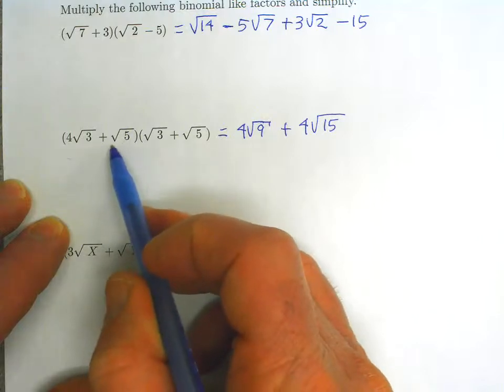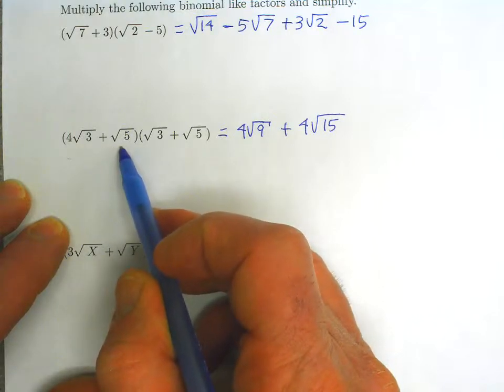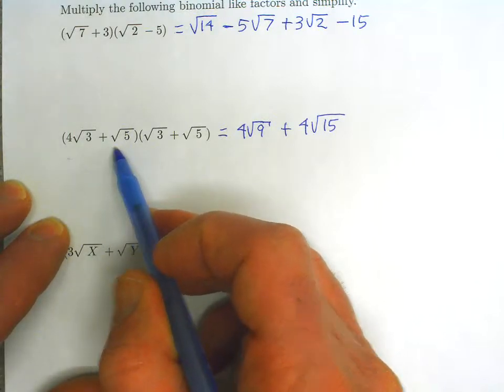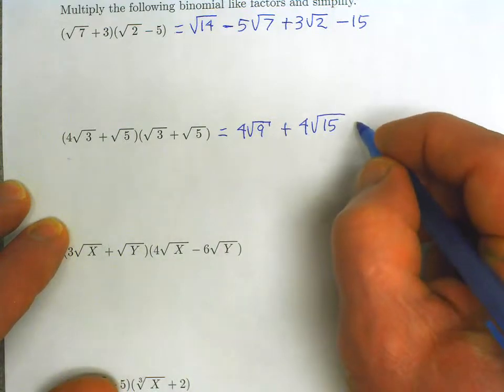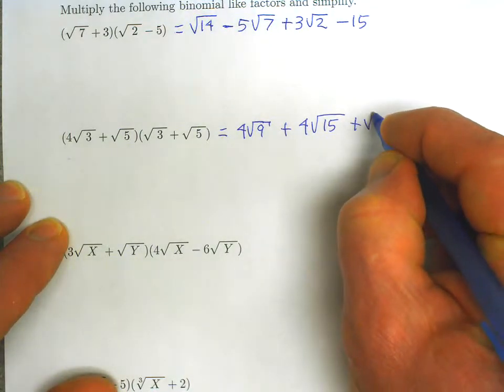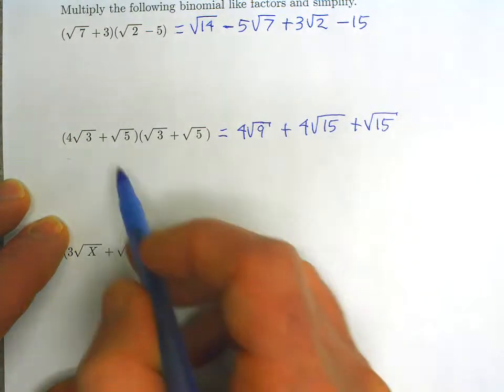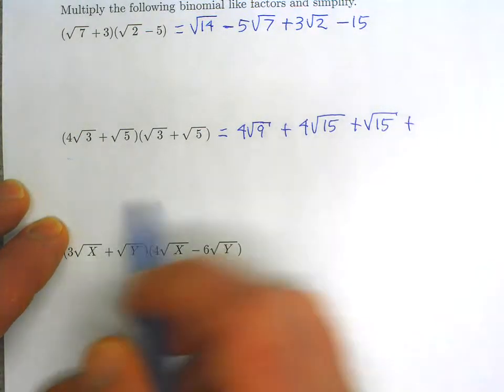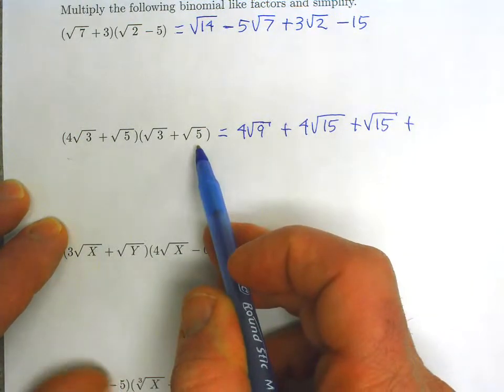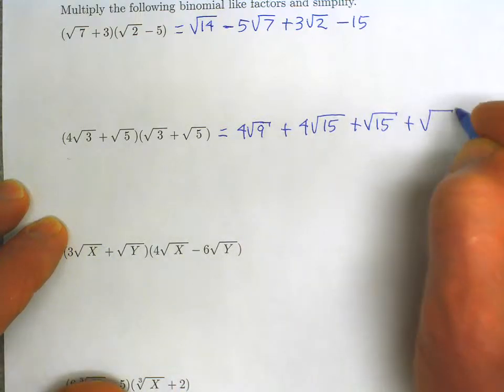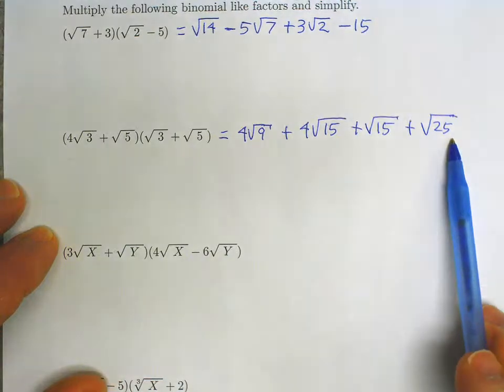And then we shift over to this term, and we're going to add the square root of 5 times the square root of 3, which is the square root of 5 times 3, or the square root of 15. And then finally, we have plus the square root of 5 times the square root of 5, which is the square root of 25, because 5 times 5 is 25.